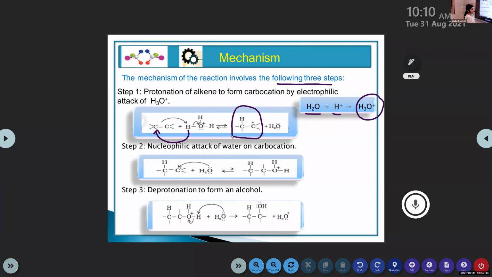Any doubt, children? Here the proton is added to the alkene, so the hydrogen is added to one carbon. The other carbon will get a positive charge because it has a shortage of one more bond. That's why we write one plus charge. Clear?